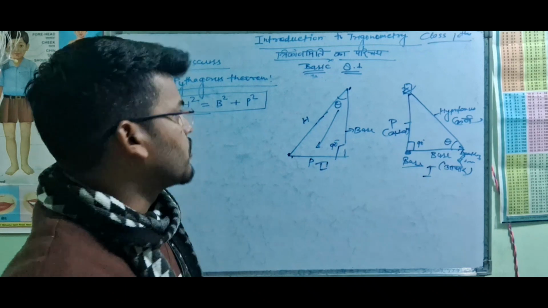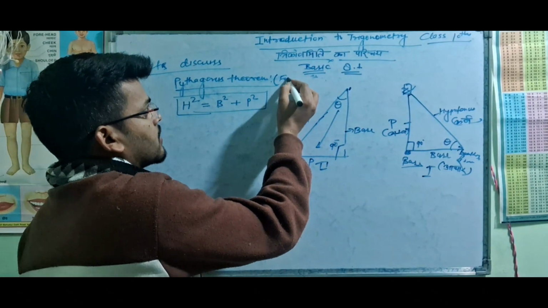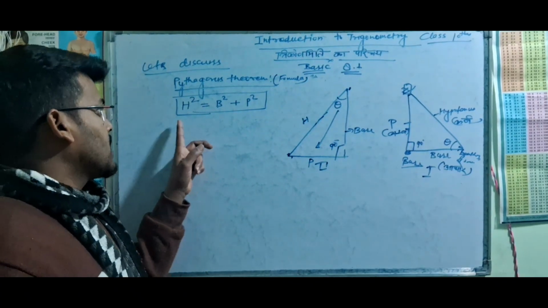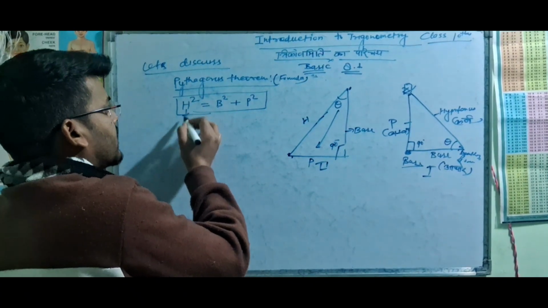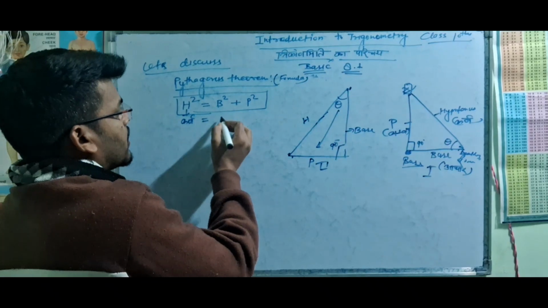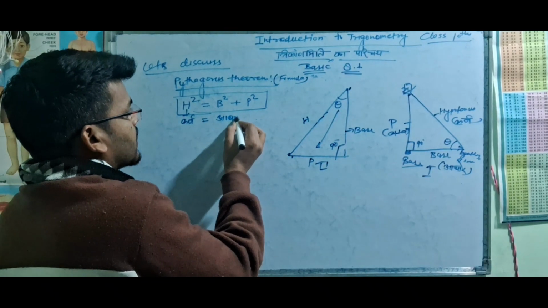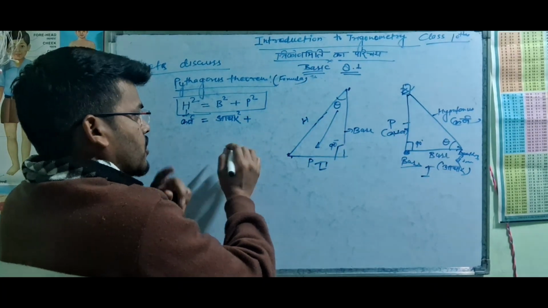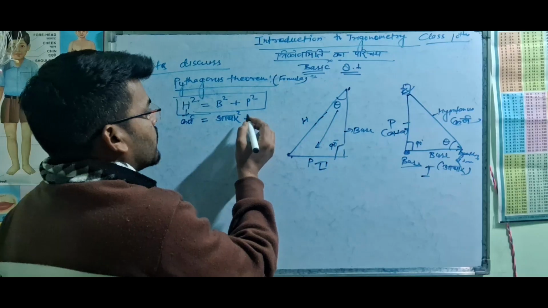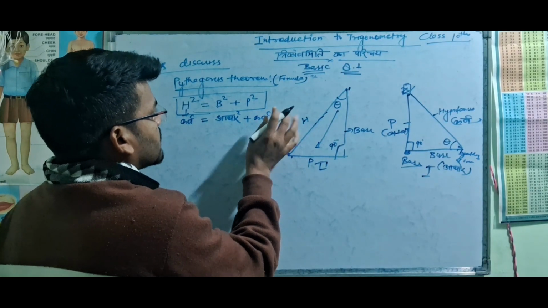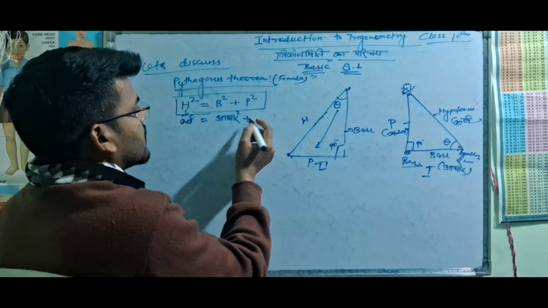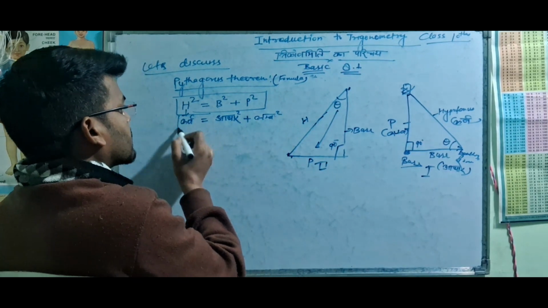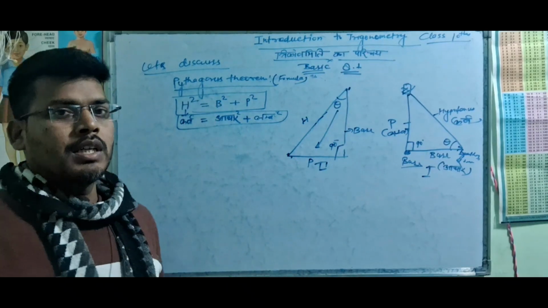Basically the voice was not recorded during the recording of these classes, so I am adding the voice from another app, so you may face some lip sync problem. Sorry for the inconvenience, right? H means hypotenuse का square, B means base यानी आधार का square, और P means perpendicular यानी लंब का square, right? Understand?